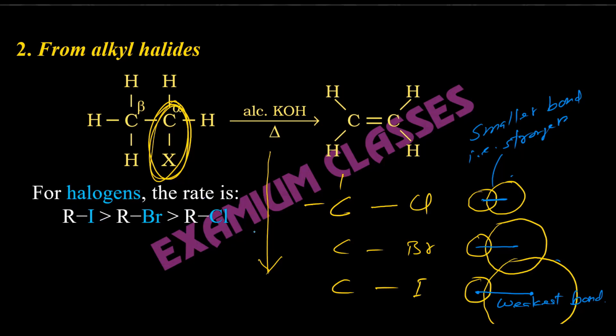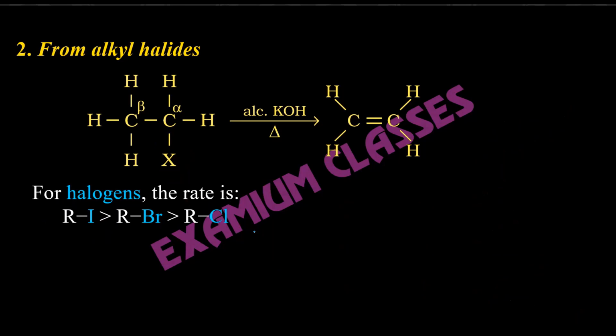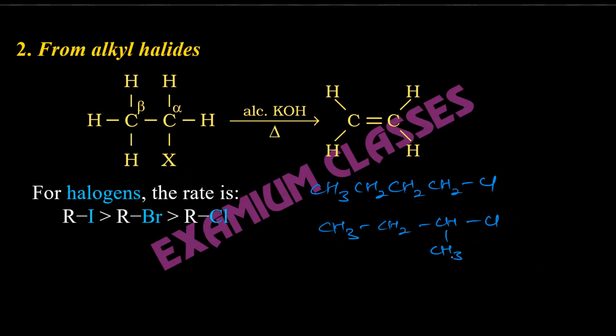Now there is another possibility, that the halide is the same. So I can have CH3CH2CH2CH2Cl. I can have CH3CH2CHClCH3.